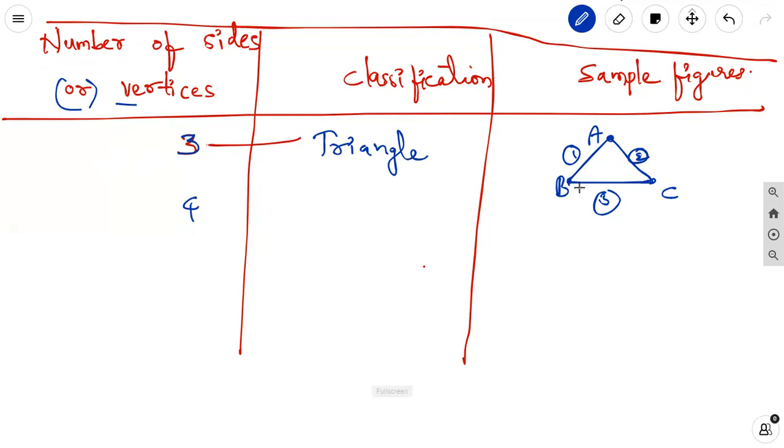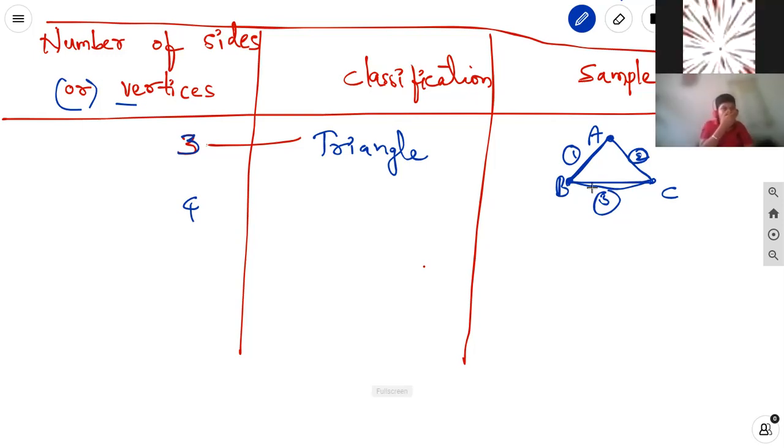Vertex means the joining of two line segments. It's not a single vertex, it has three vertices. More than one is nothing but vertices. A, B, C are the vertices. However many vertices there are in a figure, that many line segments are also involved. 1, 2, 3.